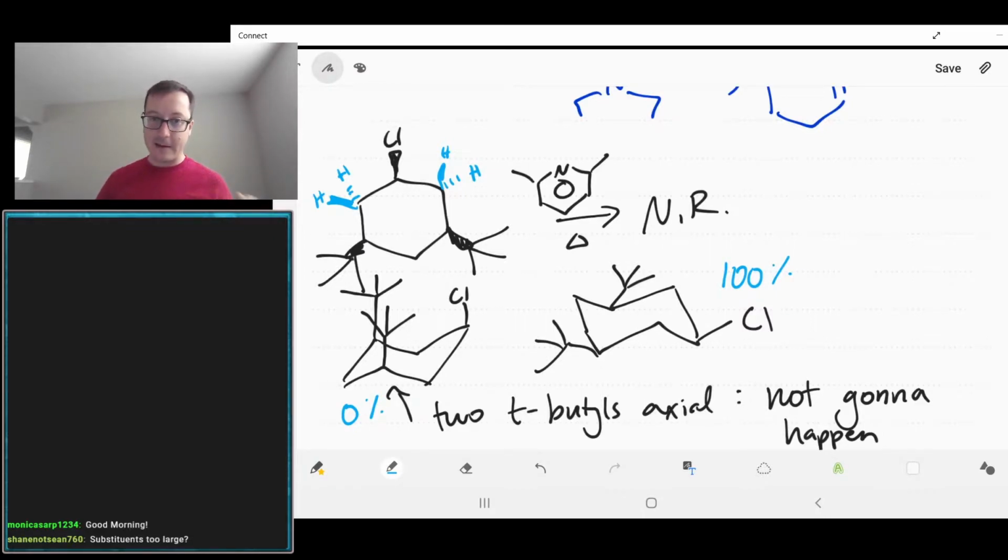A couple things will make this reaction not happen. No hydrogens to begin with. No anti-periplanar hydrogens. Or just the inability to rotate yourself so that you can get this reaction to happen.